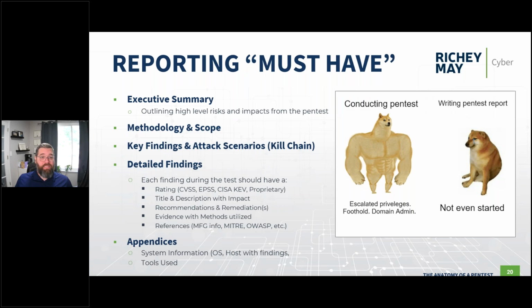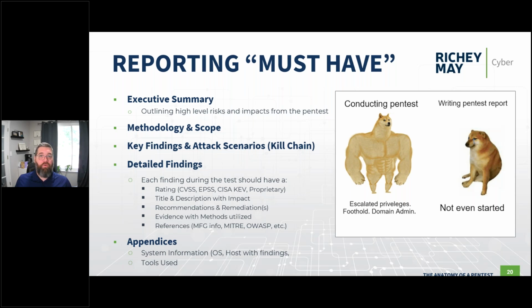When you get a report from any organization, ethical hacker, there are some critical must-haves. The executive summary. This is going to get real specific on the recommendations of your highest level risk and impacts to your organization.